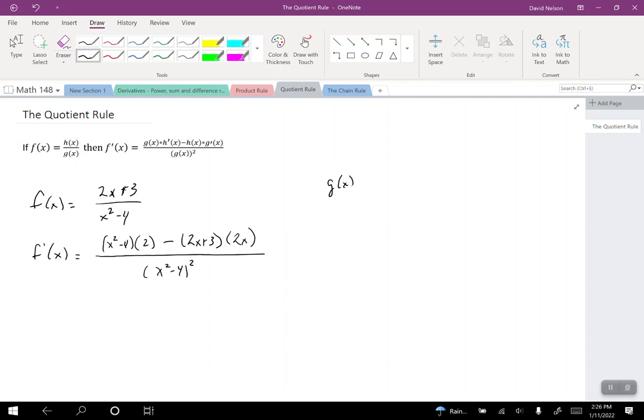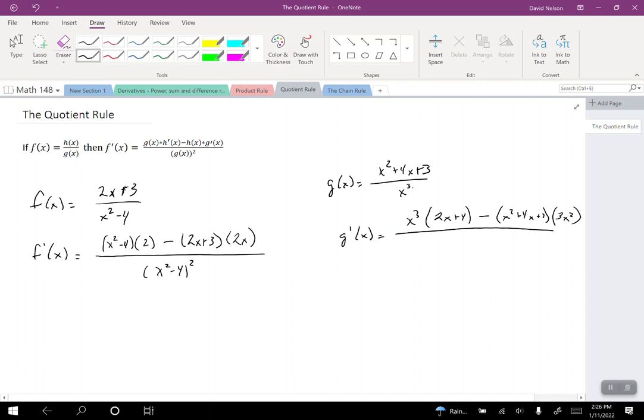As another example, if you've got x squared plus 4x plus 3 all divided by x cubed, then g prime of x is going to be the bottom function times the derivative of the top, 2x plus 4, minus the top function, x squared plus 4x plus 3, multiplied by the derivative of the bottom function.